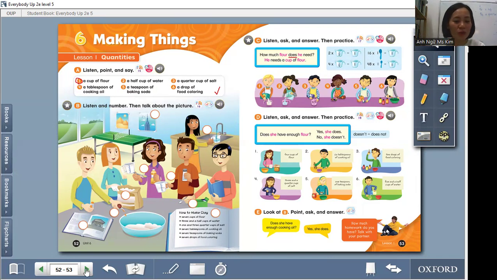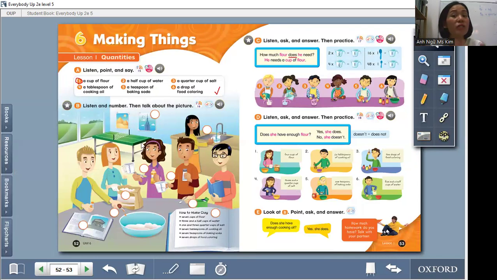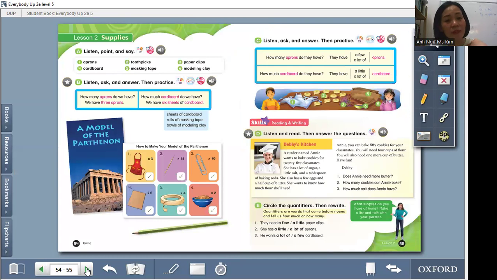When you go to lesson 1 and you want to check her and review for her, just review. It's difficult for us to learn English. You know why? We only learn a few minutes in class or at school, so it's hard for us to remember all the things.